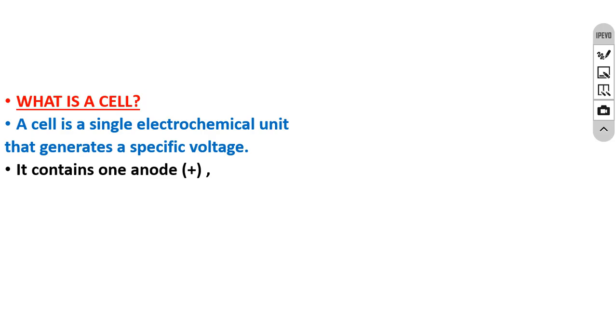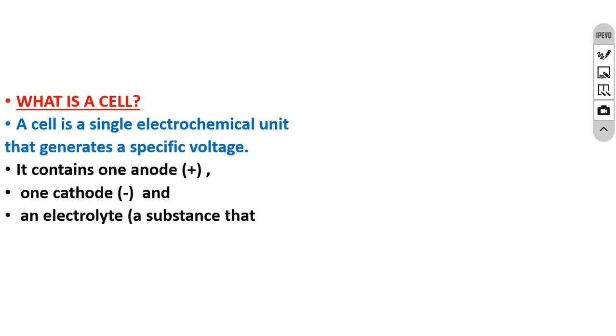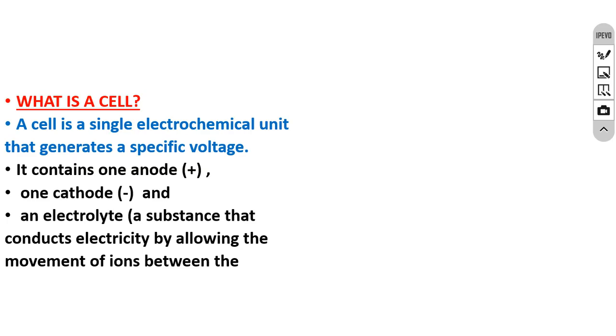It consists of the anode. When they say anode, it is the positive terminal of the cell, the cathode, the negative terminal of the cell, and what they mean by electrolyte. So an electrolyte is a substance that conducts electricity by allowing the movement of ions between the anode and the cathode of the cell.